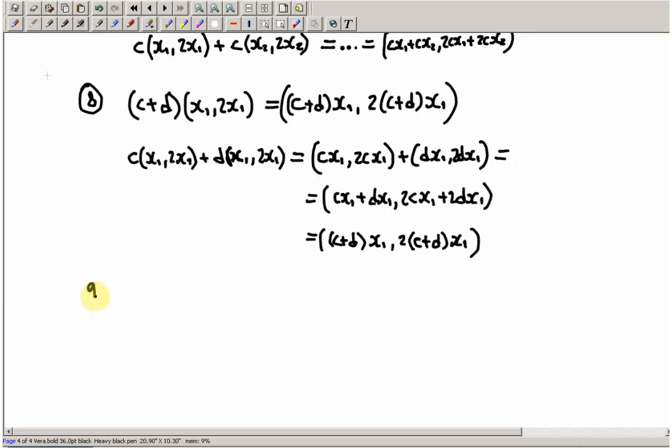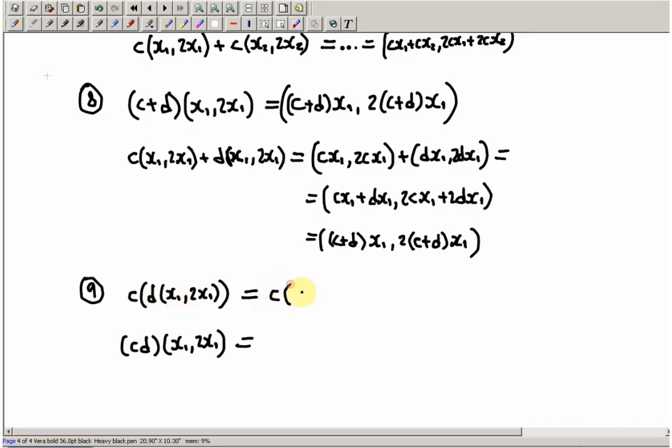Property number 9 is the associative property for those scalars. So pretty easy. Let me write that down here. I need to show that this is equal to this, so just expand that out. This will be c times dx1, 2dx1, and then I'll multiply the c by dx1, 2dx1.